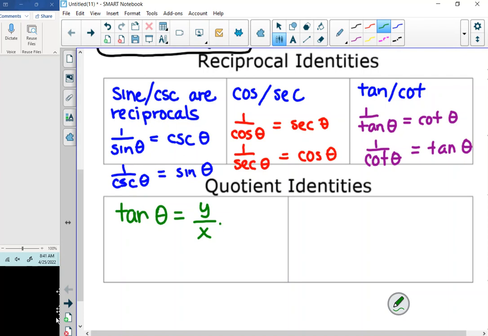Well, if I wrote y as y over r, and I wrote x as x over r, that would still be the same relationship. I just changed those two numbers by dividing them by something common. And y over r is sine, and x over r is cosine.